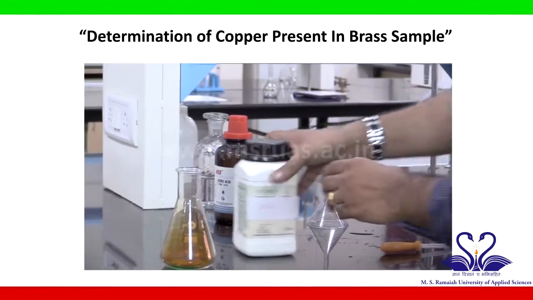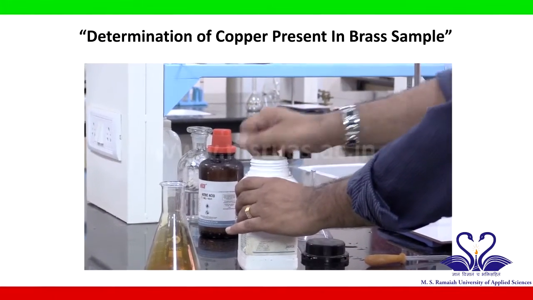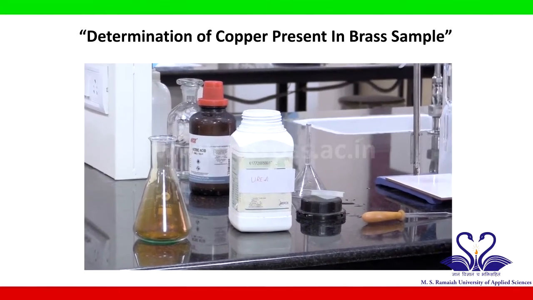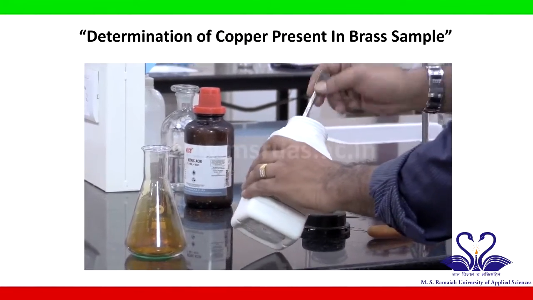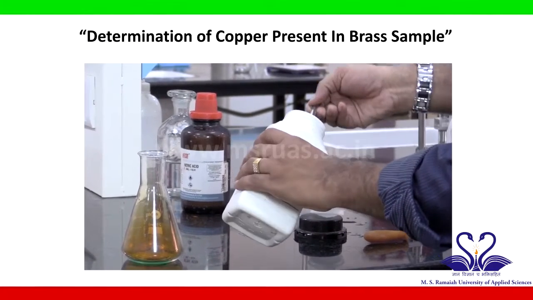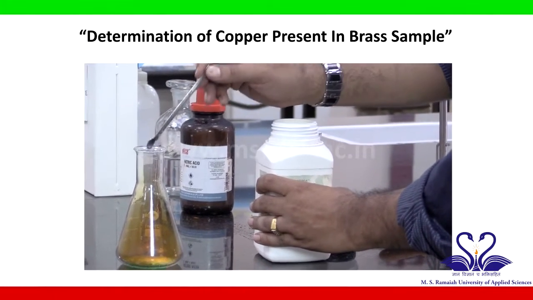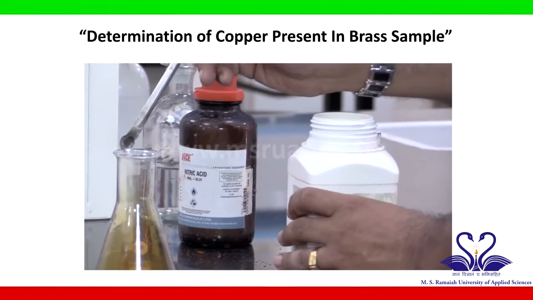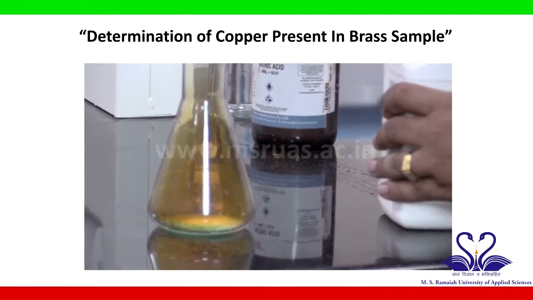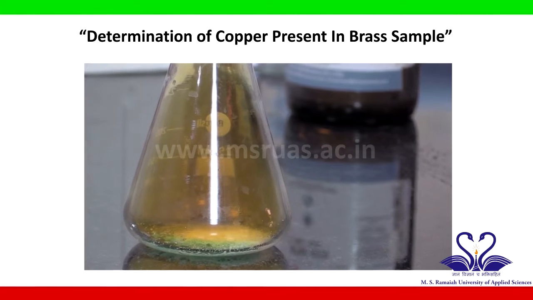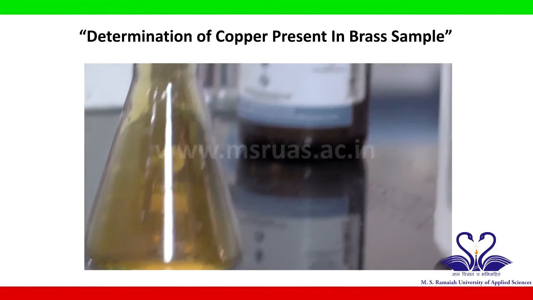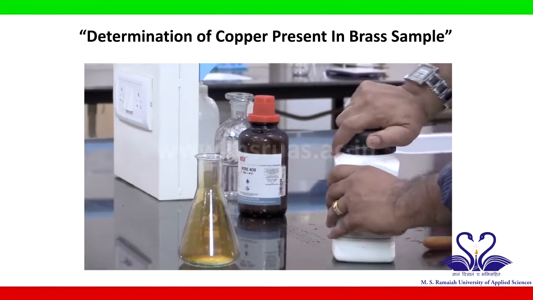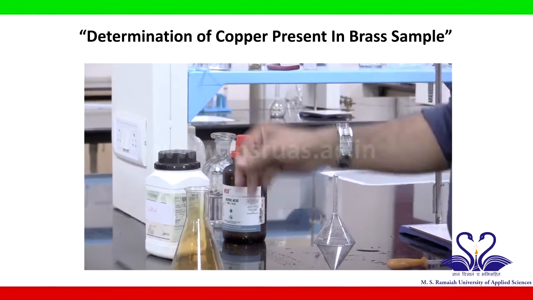To destroy the oxides of nitrogen, we are going to add a little bit of urea, 1 spatula of urea. If oxides of nitrogen are present, they work as an oxidizing agent and will oxidize the potassium iodide.